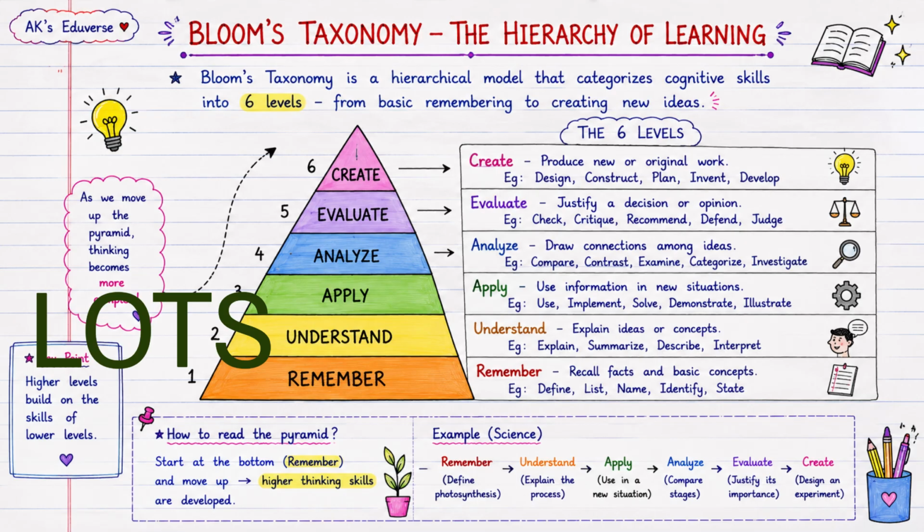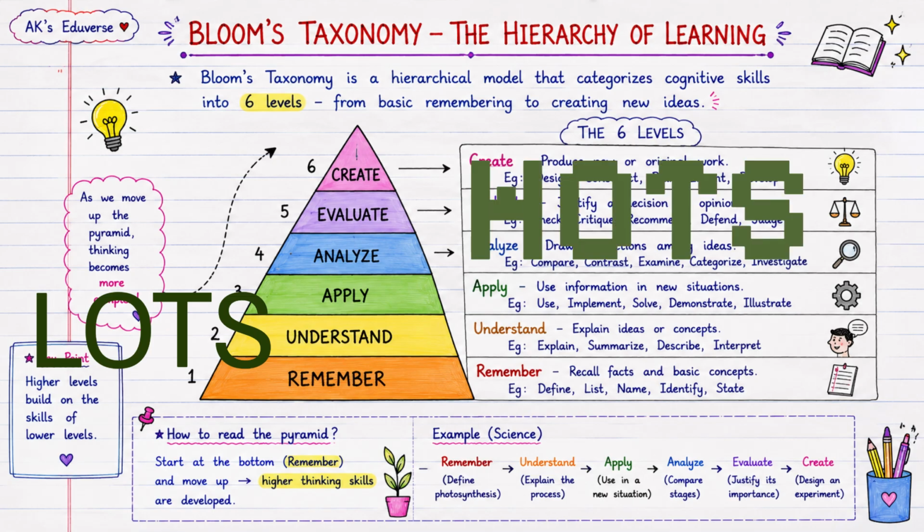The first 3 levels, that is remember, understand, and apply, are called lower order thinking skills, or in simple terms, LOTS. The first letter la collect panni, it is called as LOTS. Similarly, the top 3, that is analyze, evaluate, and create, are called higher order thinking skills. Together we can call it HOTS.